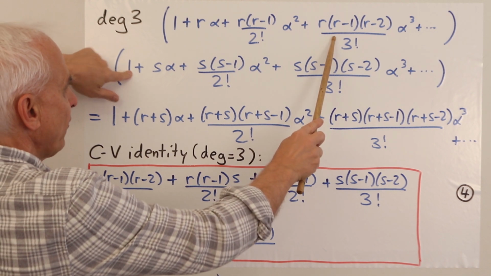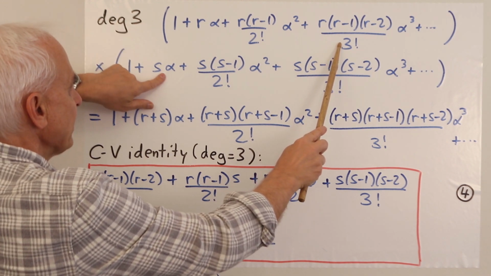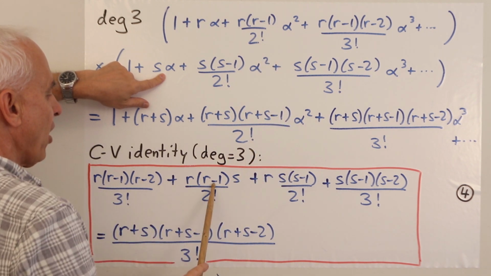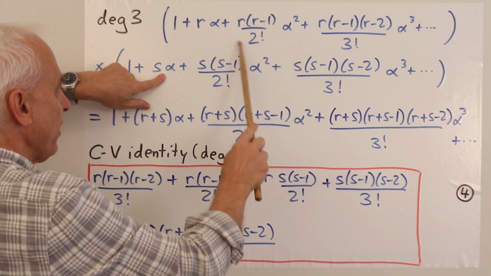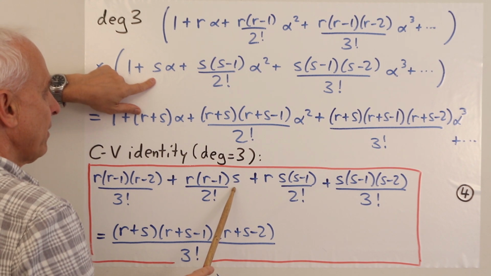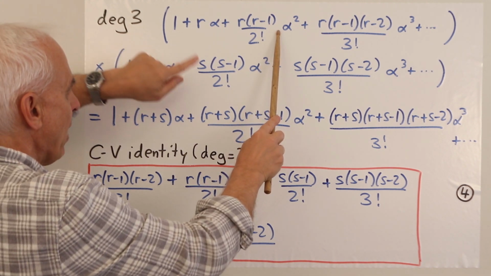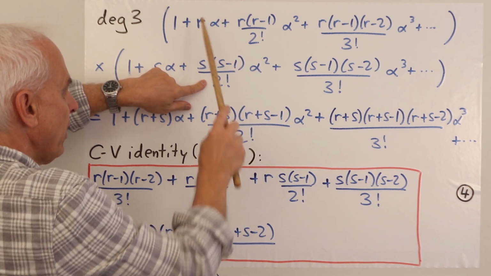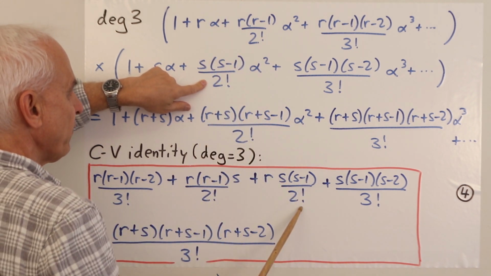And then the next one is, say, this s alpha times this term here, in which case we get r times r minus 1 over 2 factorial coming from there times s. Okay, so we multiply those two. And now we multiply this alpha squared with that alpha, giving us r times s minus 1 over 2 factorial.